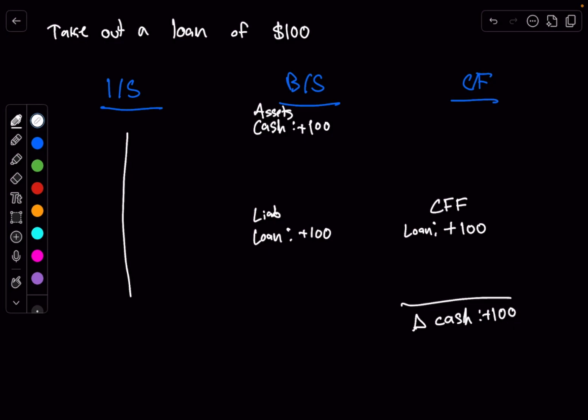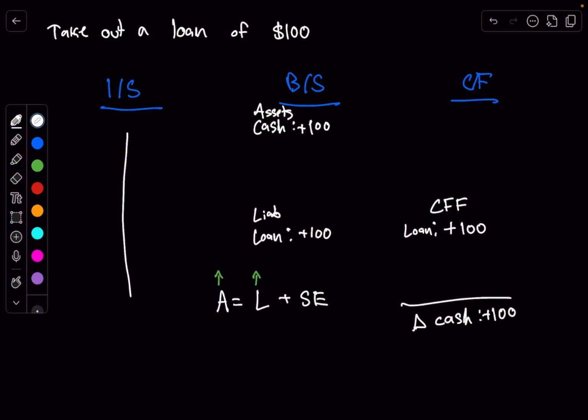And if we want to test this with our like golden formula, it's assets equals liabilities plus our shareholders' equity. Our cash went up, right? That's an increase in an asset, and our liabilities also went up. So this formula balances. So that means that our balance sheet balances, and we're good to go, right?